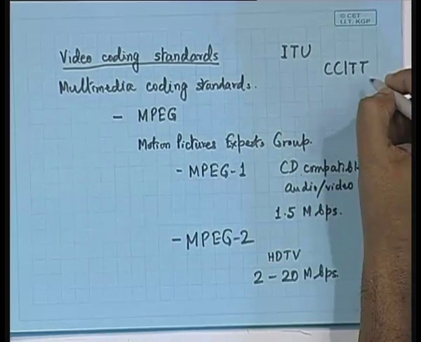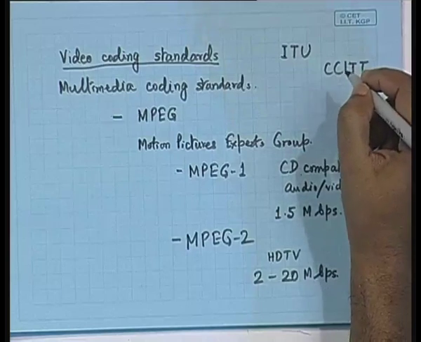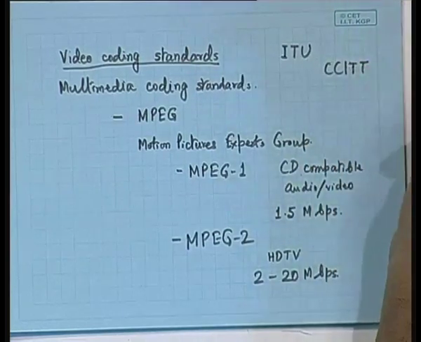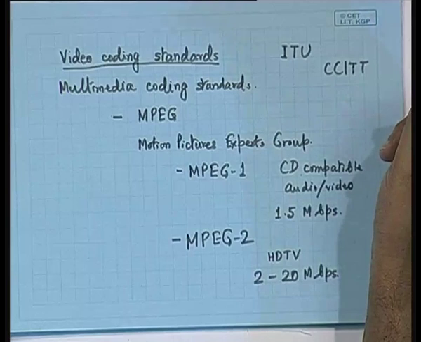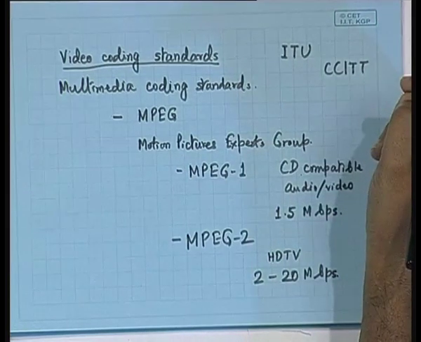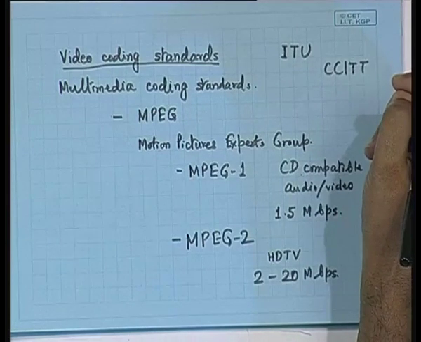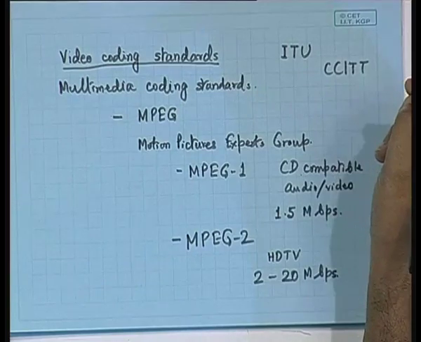Now, a few years back, CCITT was renamed as ITU, the International Telecommunication Union. And they came with different standards for video coding. They also had separate standards for speech coding, audio coding and so on, and for video also they had come up with some standards.